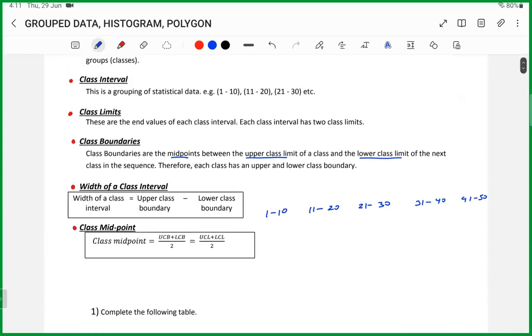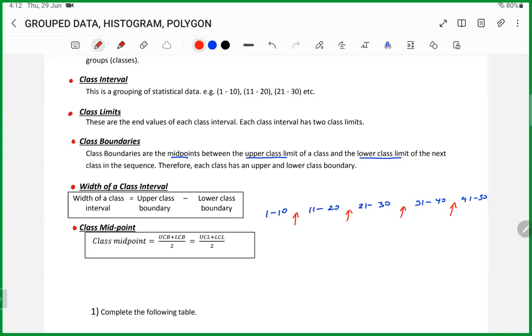So we want to figure out what the class boundaries are. So where are the boundaries? The boundaries would be in the middle of each limit. So this here is a boundary, here would be a boundary, here would be a boundary, here would be a boundary. So how do we find the boundaries?